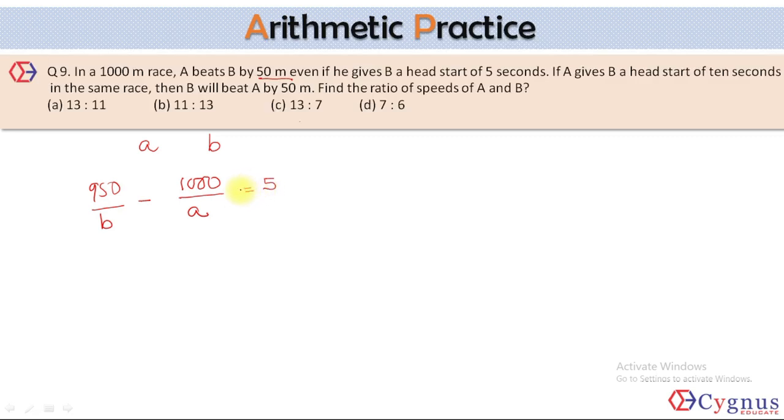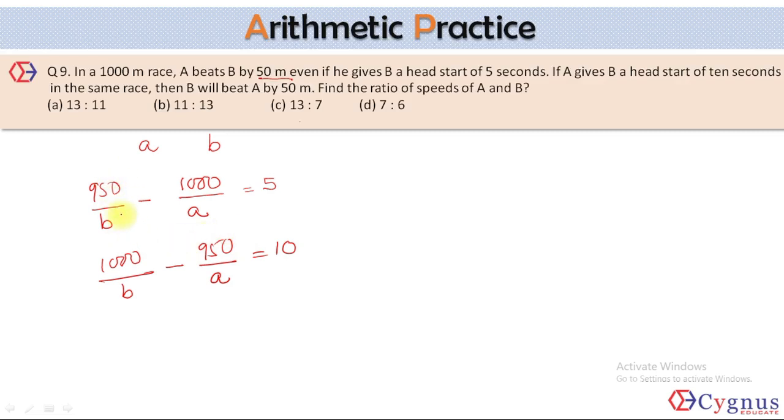Instead of that, if A gives B a head start of 10 seconds in the same race, B will beat him by 50 meters. That means this time B will cover the 1,000 meters with the speed of B, and A will cover only 950 meters with the speed of A, and the difference in time should be equal to 10 seconds.